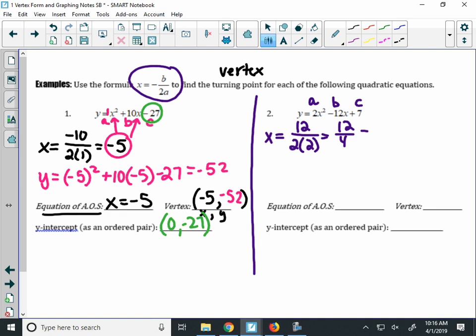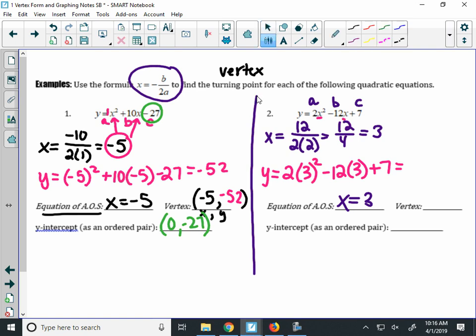Well, that's 12 divided by 4, which equals 3. So the equation of our axis of symmetry is x equals 3. The vertex occurs when you put 3 in for x. So we have 2 times 3 squared minus 12 times 3 plus 7.